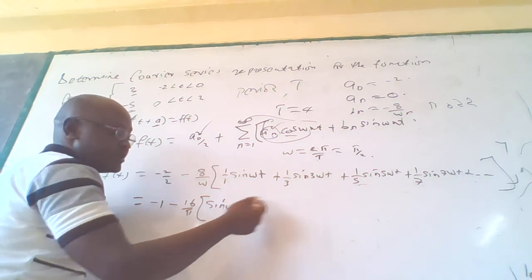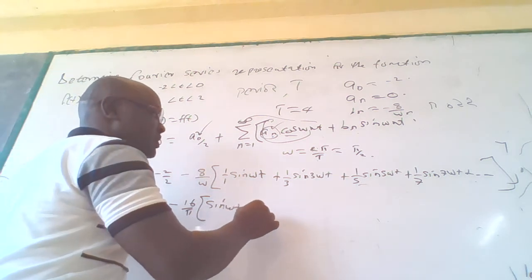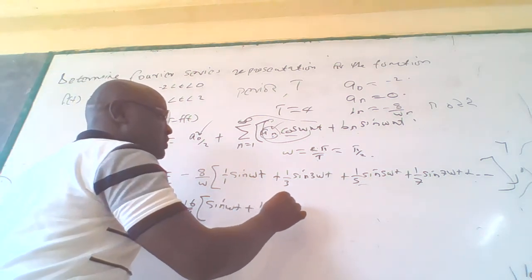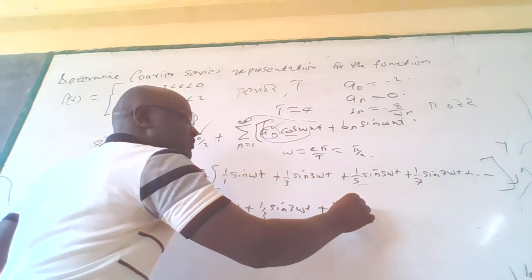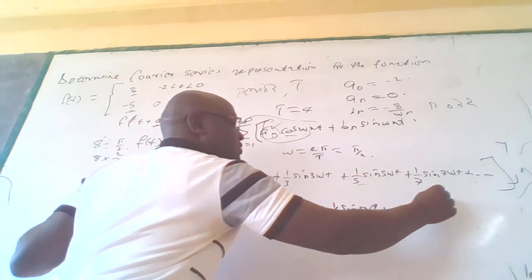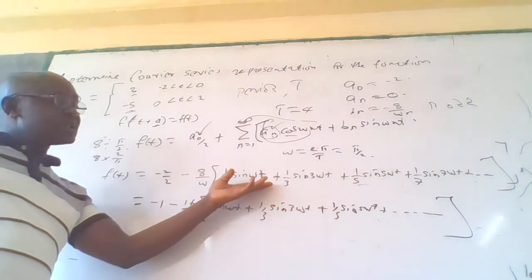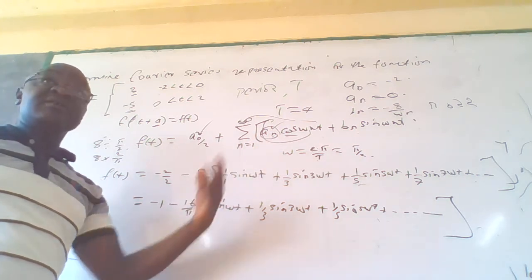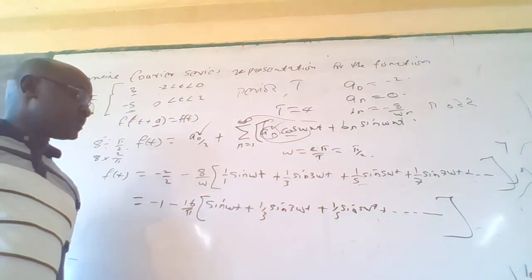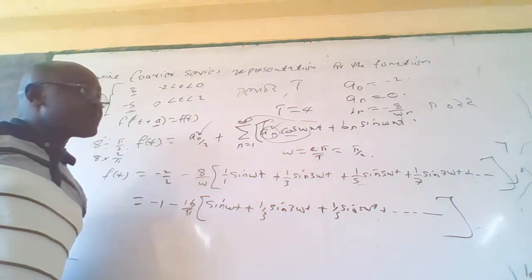But if I leave it this way with sine omega t plus 1 over 3 sine 3 omega t plus 1 over 5 sine 5 omega t, and it continues like that, it looks better. You can leave it at that point, or you can change the omega, once you know that omega is given by 2 pi over T. So this is the solution of the given equation.